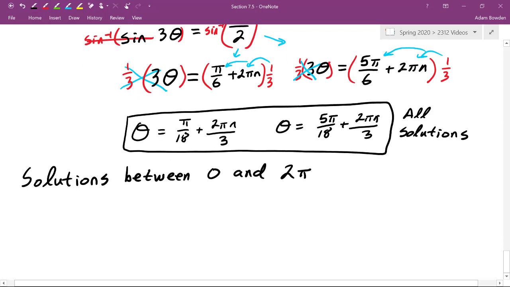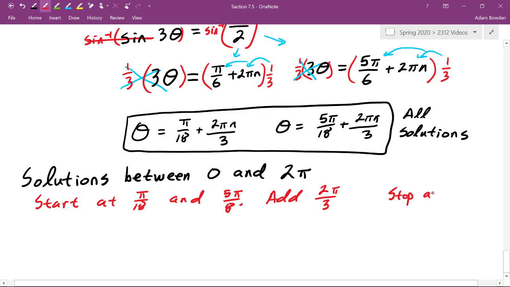So here's how it's going to work. We're going to start at pi over 18 and 5 pi over 18. We're going to add to each of those 2 pi over 3, and we're going to stop at 2 pi.